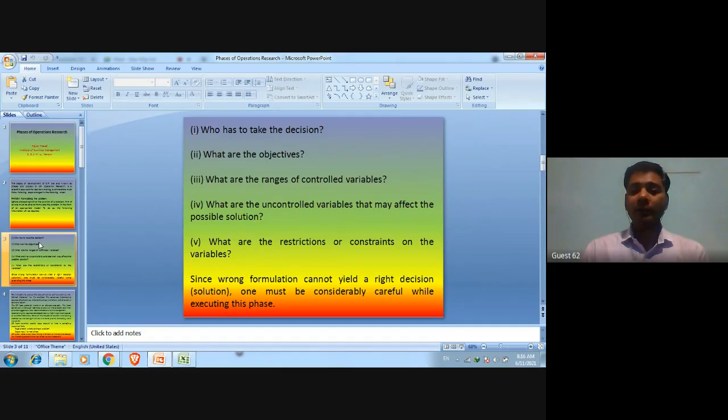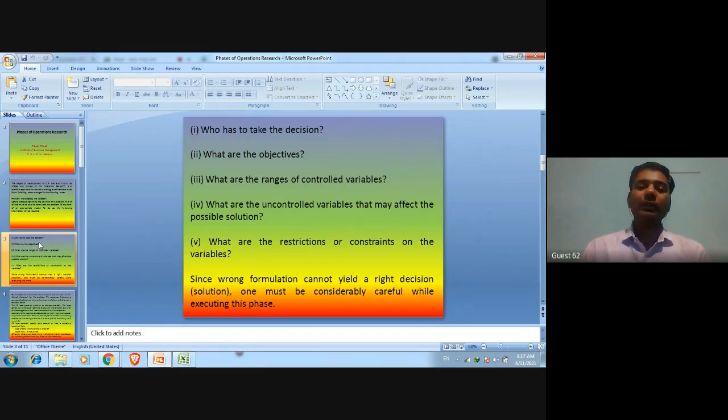Now, what are the uncontrolled variables that may affect the possible solution? Uncontrolled variables are all those variables which are related to your external environment. All the factors related to the external environment are called uncontrolled variables.